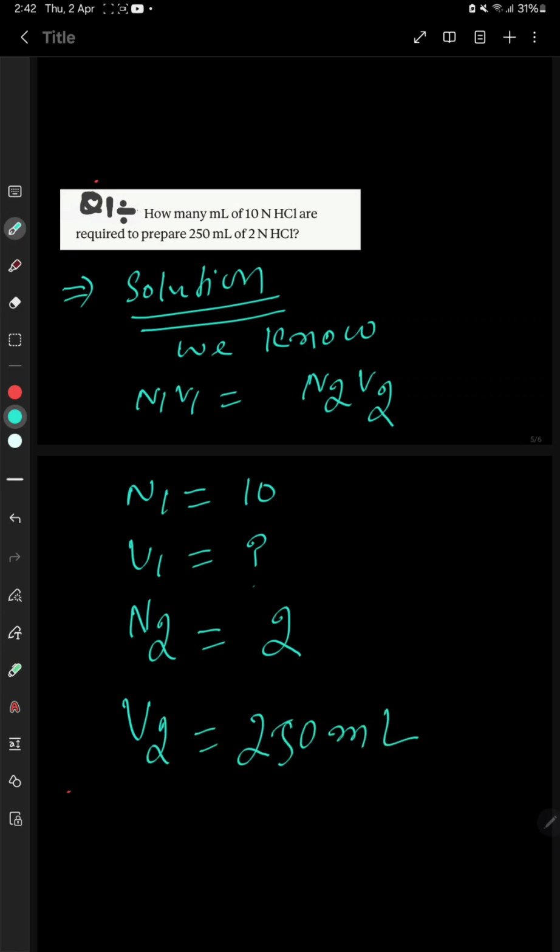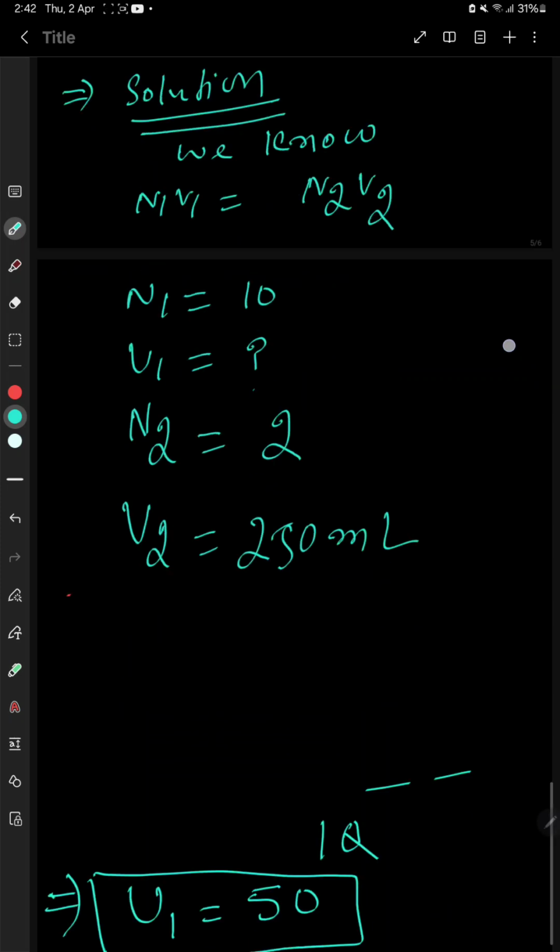You need to add some water to the existing solution so that its volume would be 250 ml. So we need to find out from what volume this 250 ml was obtained.